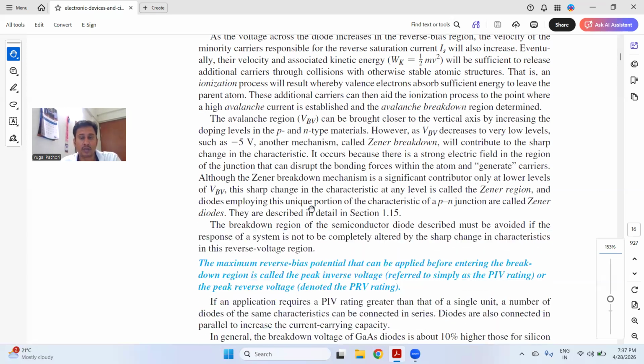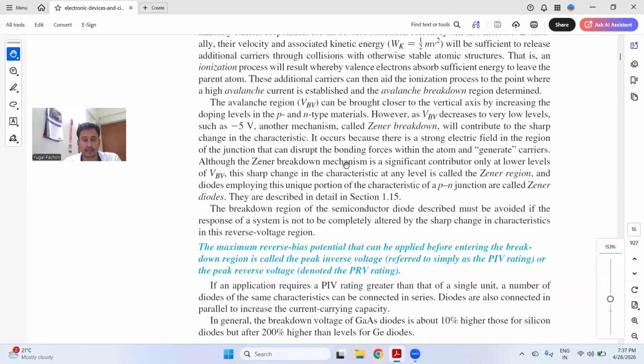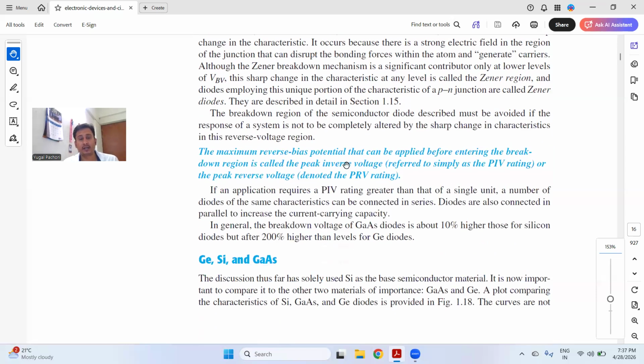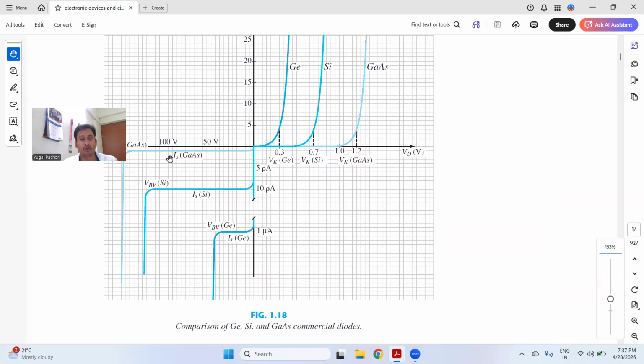So there are two types of breakdown: the Zener breakdown and the avalanche breakdown. I told you the avalanche breakdown occurs due to impact ionization, and the Zener breakdown appears due to heavy doping characteristics.